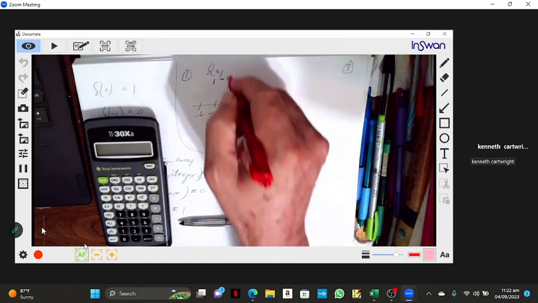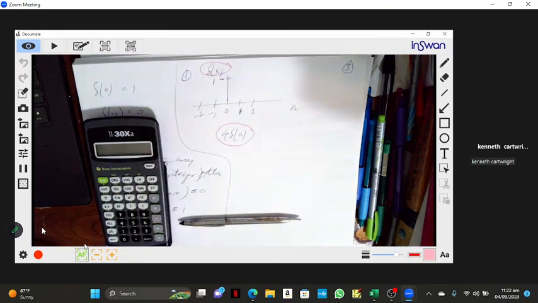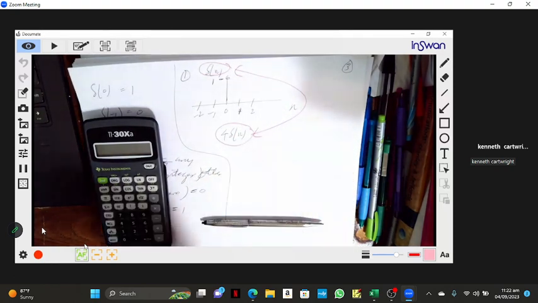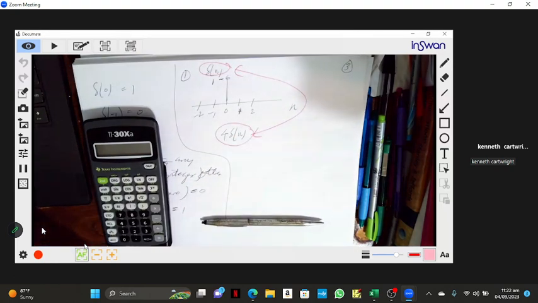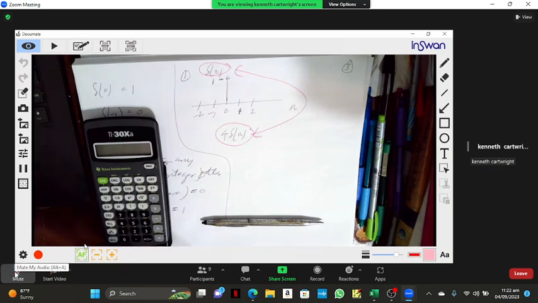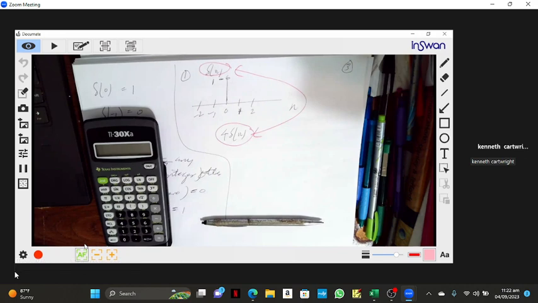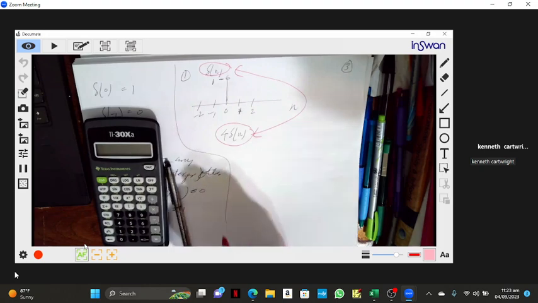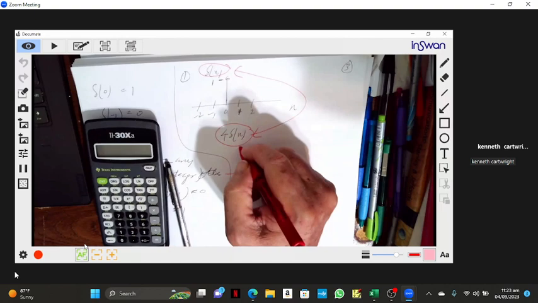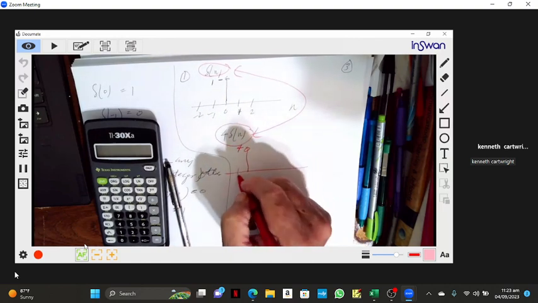How is this function related to this function? Mathematically, how are they related? The bottom one is 4 times more than the top. So draw me a graph that's 4 times as much. It will simply be the same graph, except this point here is 4.